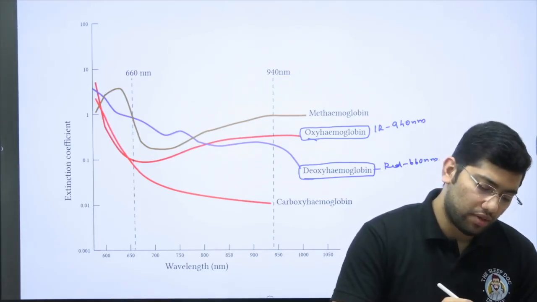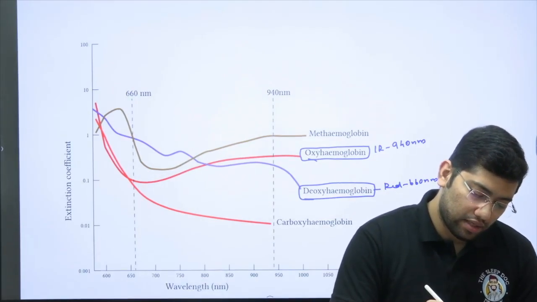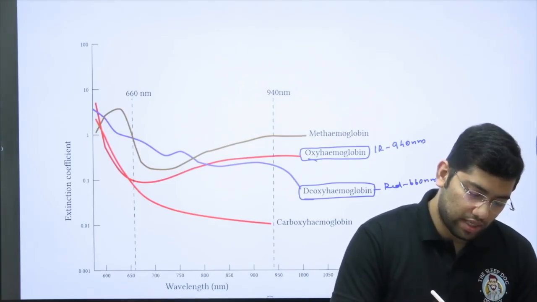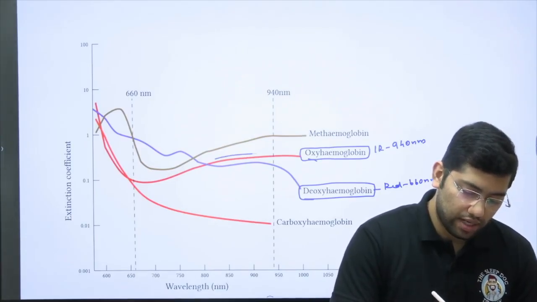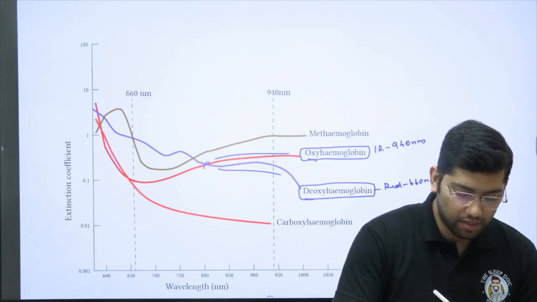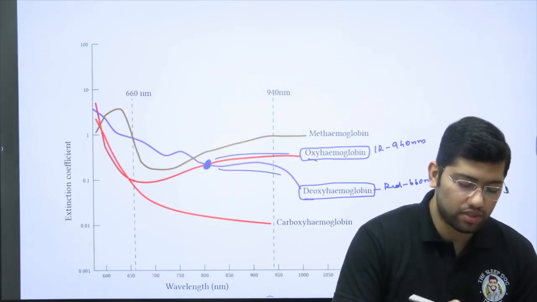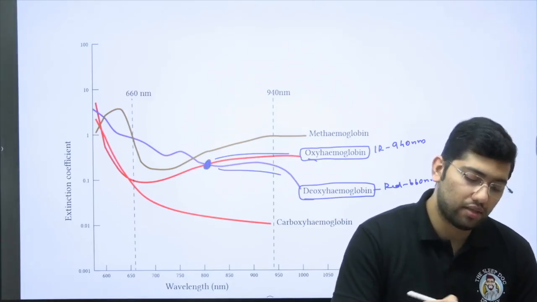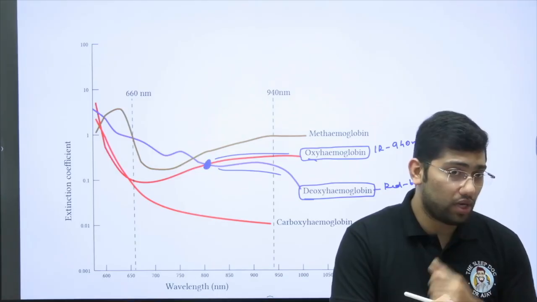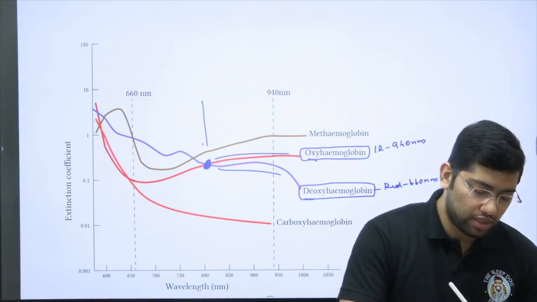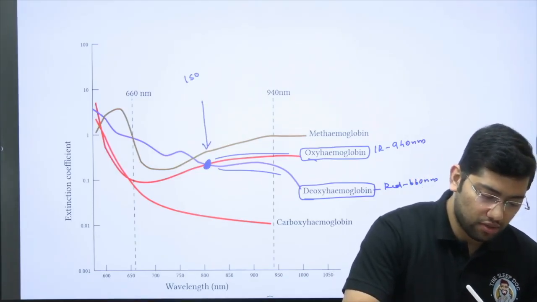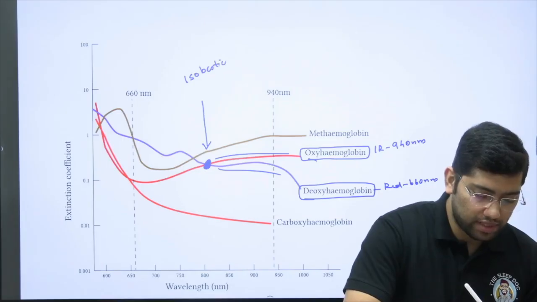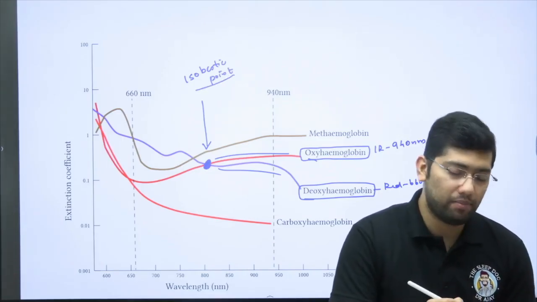All right. Now, if you see in this, concentrate only on oxy, that is this red line and this violet line. There is a point at which they merge or intersect. What is this point? This point is important because this is called the isobestic point. Now, what does this isobestic point mean?